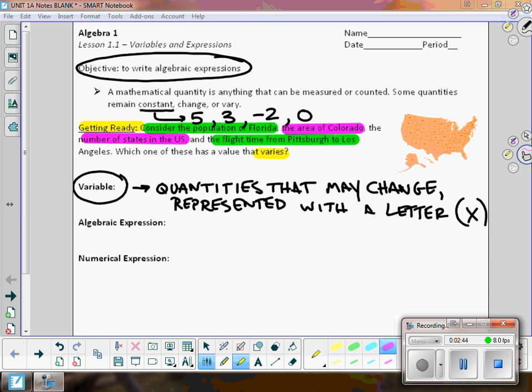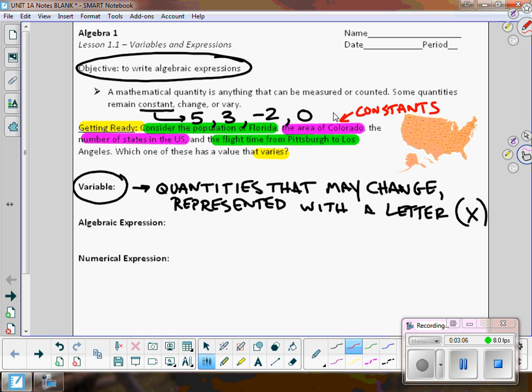The area of Colorado does not change. It's a set amount, the square miles that state takes up in the United States. That stays the same. And the number of states in the United States, it's been 50 for a long, long time, several decades. So those are known as constant amounts. Okay, constants. They remain the same.